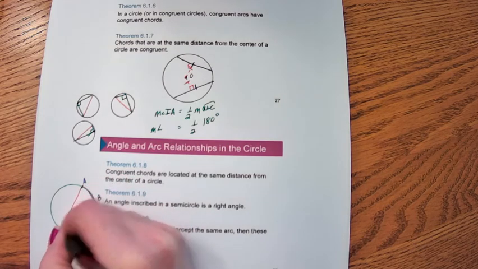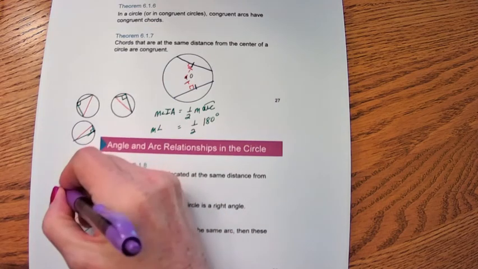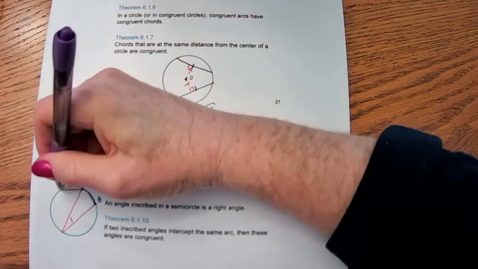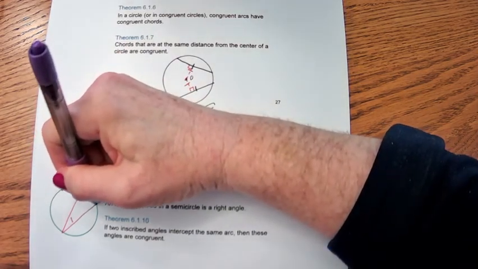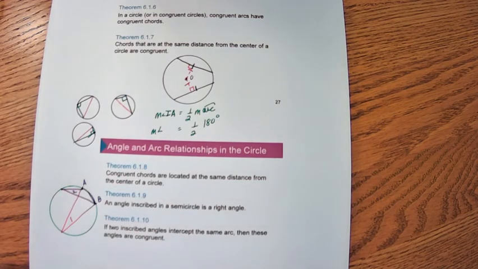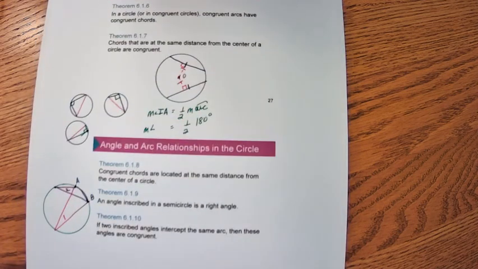Well, the measure of angle 1 is going to be 1/2 the arc AB. You know what? Here's another angle that has AB as its intercepted arc. Angle 1 and angle 2 must be congruent because they have the exact same intercepted arc, so they have the exact same measurement.